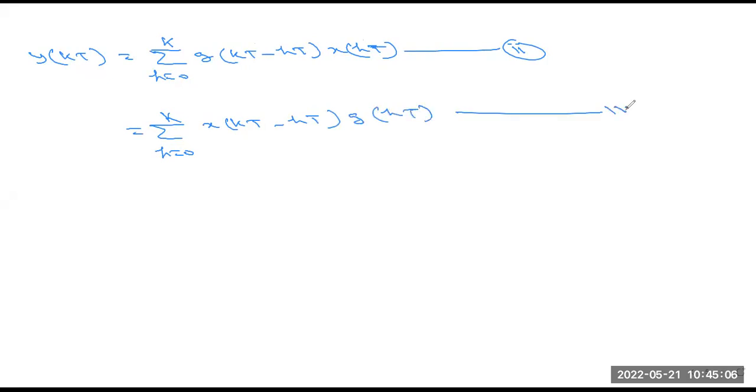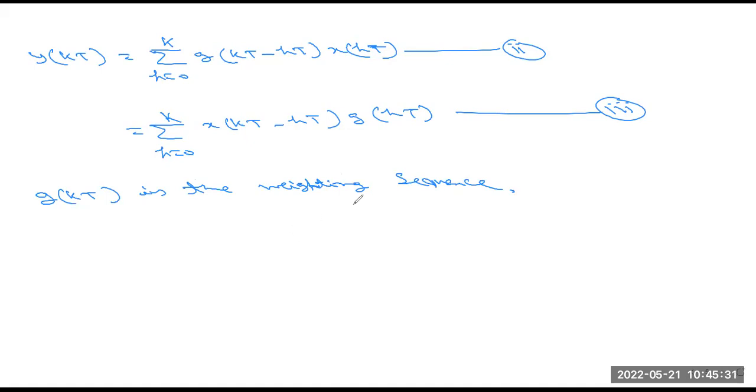This is equation number 3. So here you can see this is basically g(kT). This is called the weighting sequence.